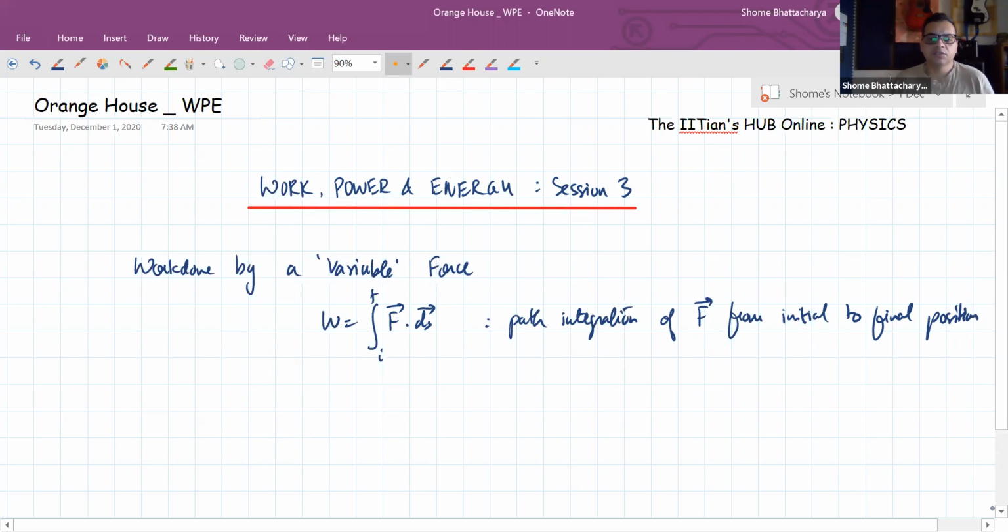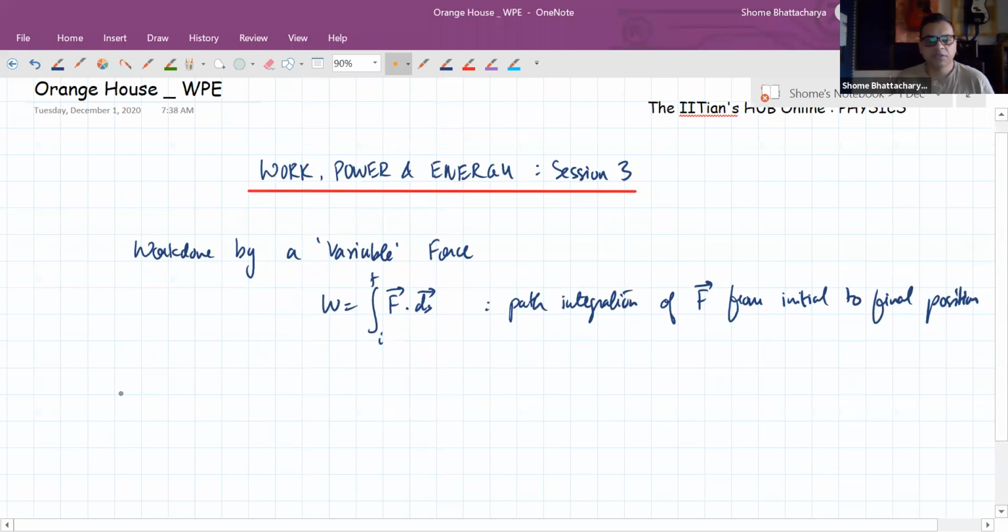And an important example of this, as we discussed, was the work done by a spring.